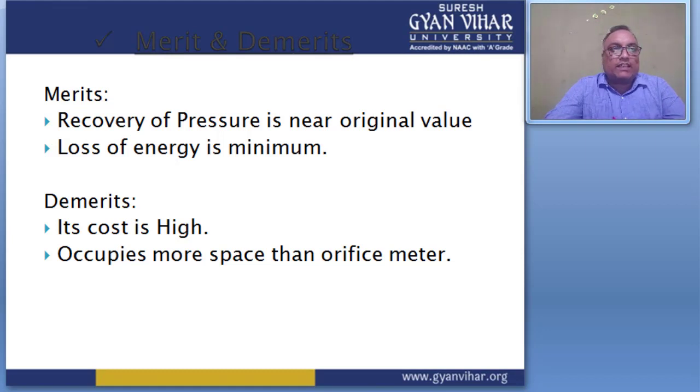In the venturimeter measurement of flow, the loss of energy is minimum. The demerit is that its cost is high and it occupies more space than an orifice meter. An orifice meter requires less space compared to a venturimeter. So this is a demerit of the venturimeter also.